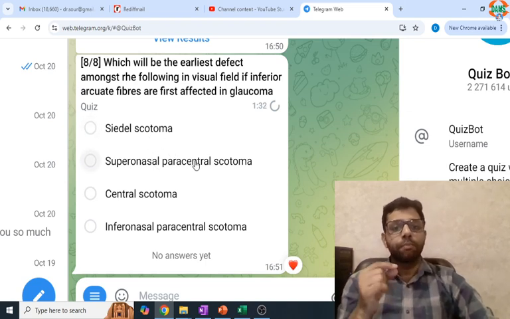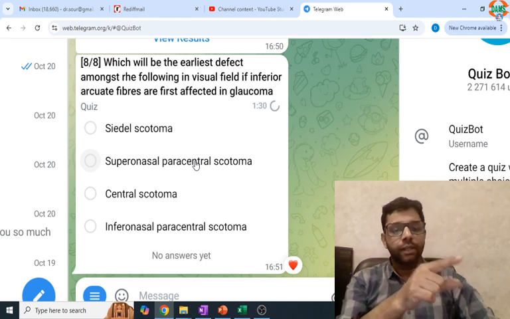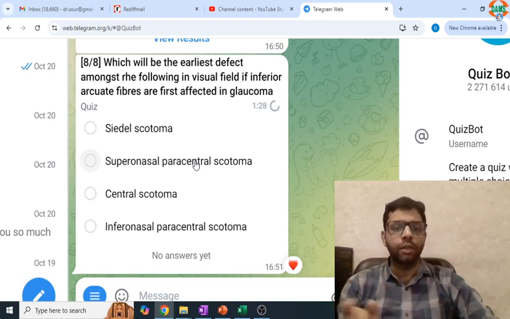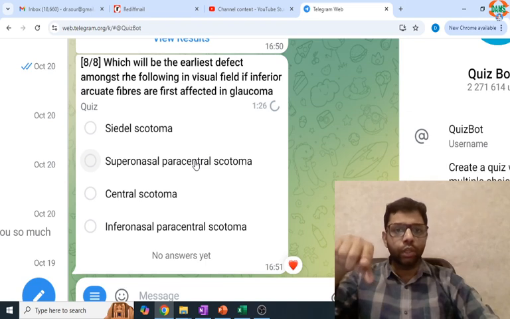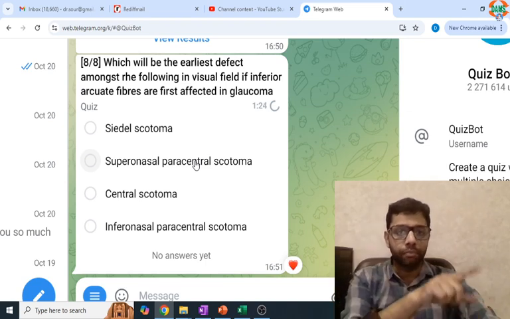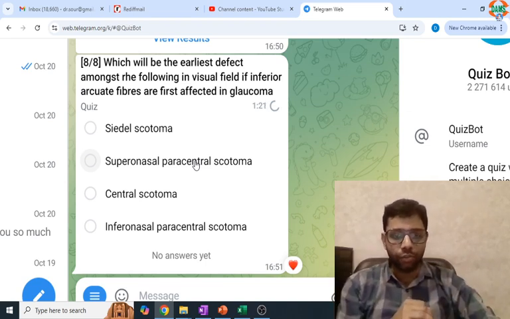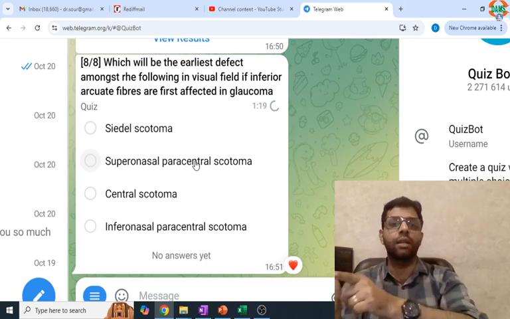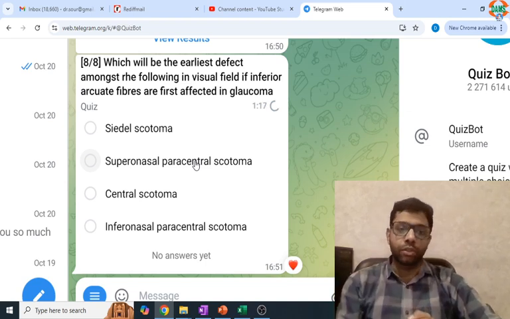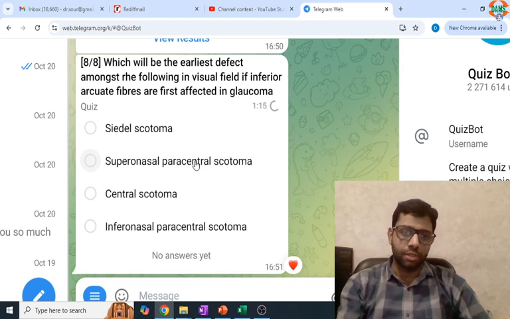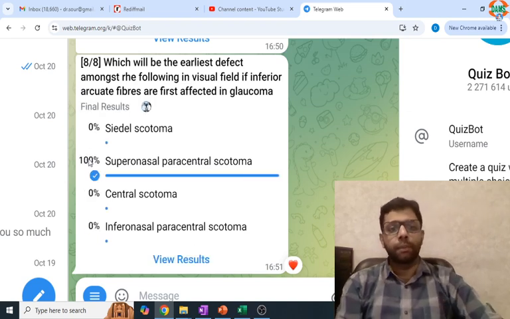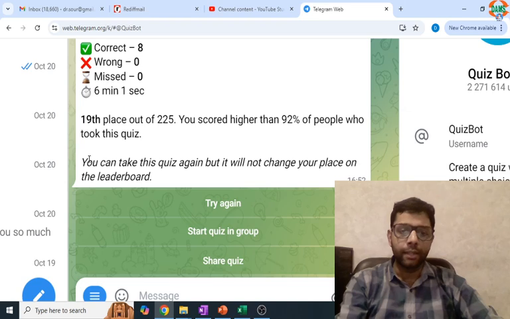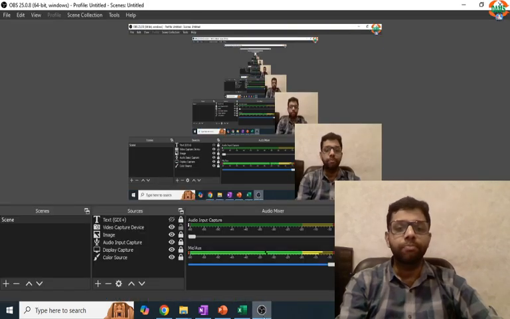Of course, paracentral scotoma is the first defect, then it joins the blind spot, Seidel scotoma, then arcuate scotoma, then double arcuate, like a Roenne's step, because of unequal contraction of the visual field, then central scotoma, and the last is temporal scotoma. Why? Because nasal fibers are the most resistant. So the answer here is B. I hope you have done well. Thanks for watching. Best wishes.